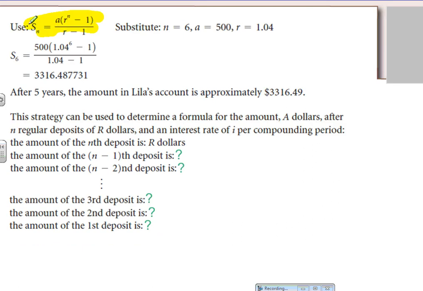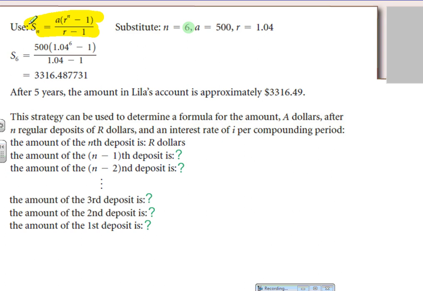So here's your formula again. Our n is 6. The reason our n is 6 is if you count 13, 14, 15, 16, 17, 18, that is 6 things. 6 deposits are being made.